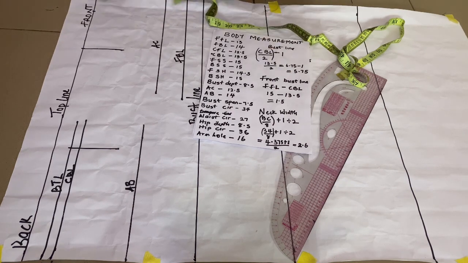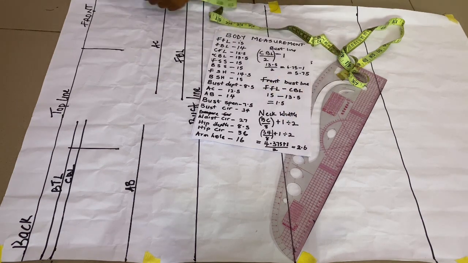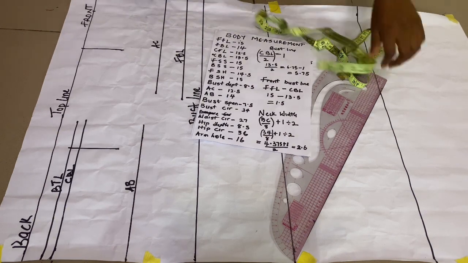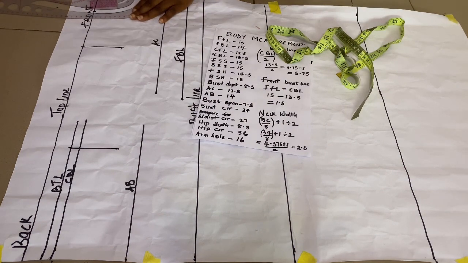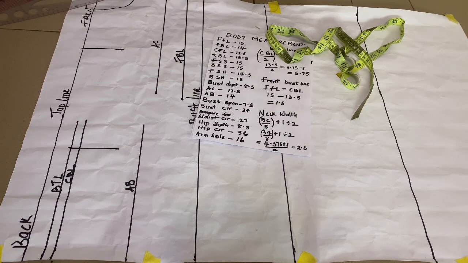And to get the neck depth for the front, whatever you have as your neck width, add 0.5 to it. So 2.6 plus 0.5 will give me 3.1, and that will be the neck depth that I will be using. So that's the neck depth.